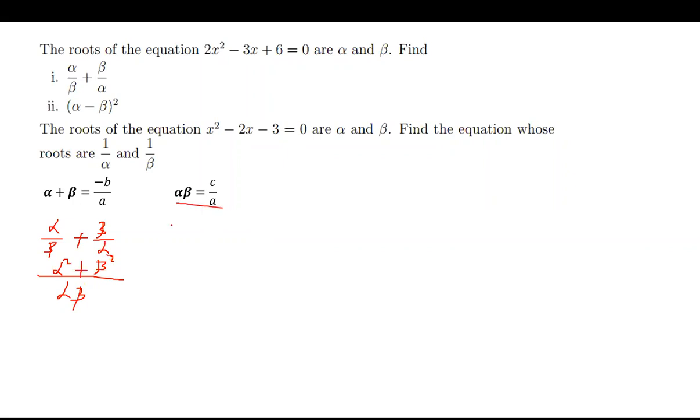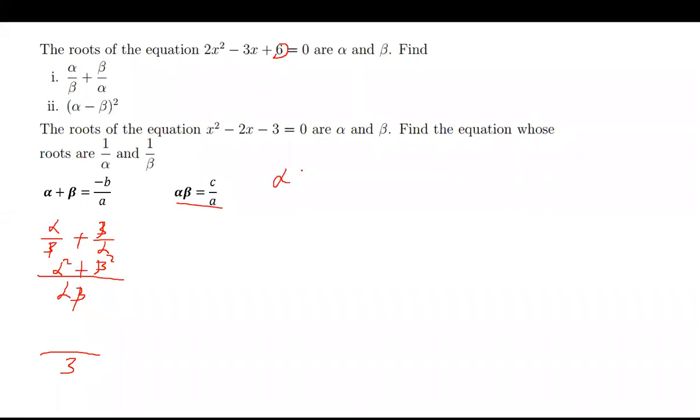It's here. So it's just a matter of replacing C over A where it's needed. C over A, which is C here is 6, so meaning 6 over 2. So C over A will just be 6 divided by 2, which is 3.